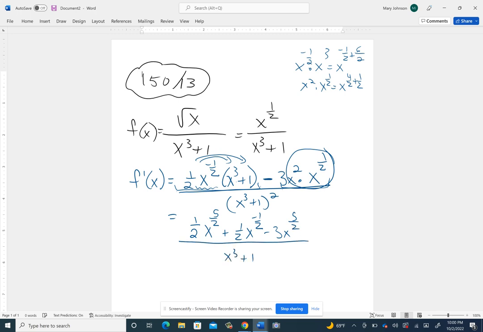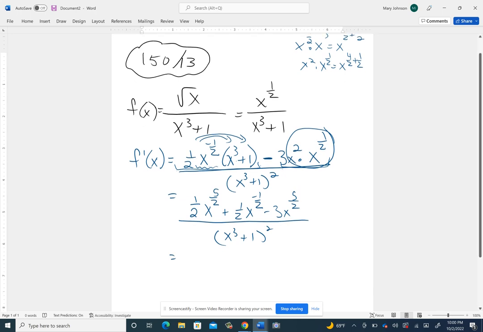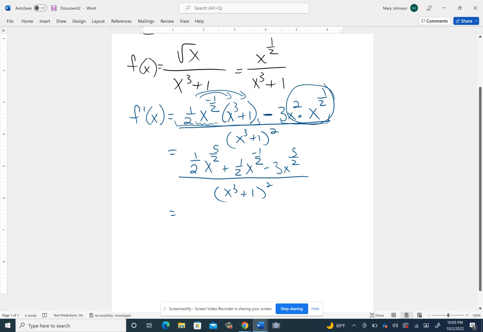Okay, I'm going to leave the bottom function the way it is. The only time I really have found that I want to multiply the denominator out is if they're going to ask me to do a second derivative. But even then, I might just use the chain rule in that denominator. Now what I'm noticing is that these two are both x to the 5/2, so I'm going to put them together.